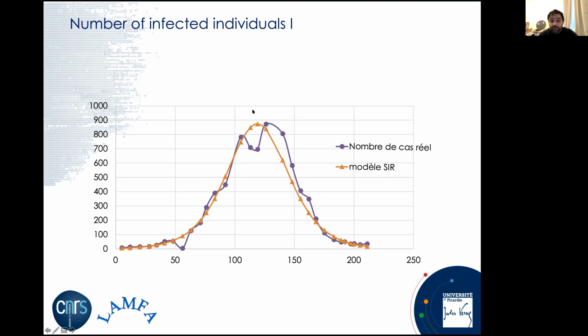Then you have a kind of stagnation, where it remains almost constant, or actually changes the sense of variation. And then you have a third behavior, which is the decay of the number of infected. If you don't want to communicate all of these equations, all the mathematics behind this, you need to find a simple way to communicate that.